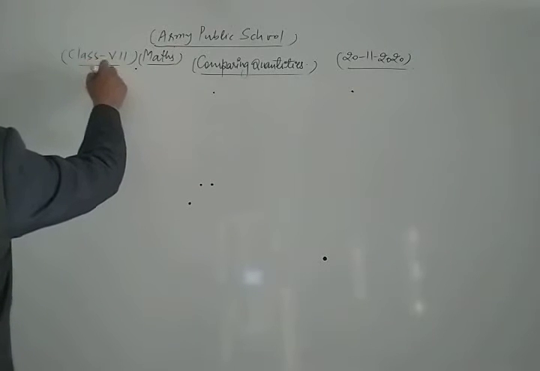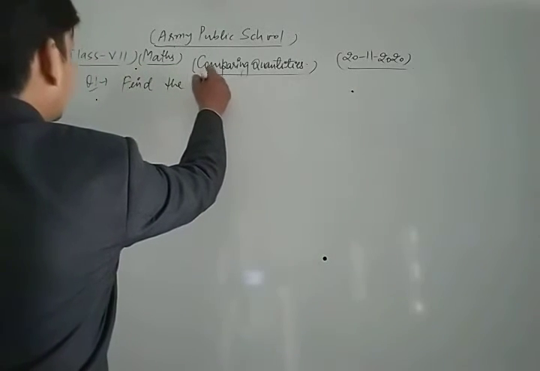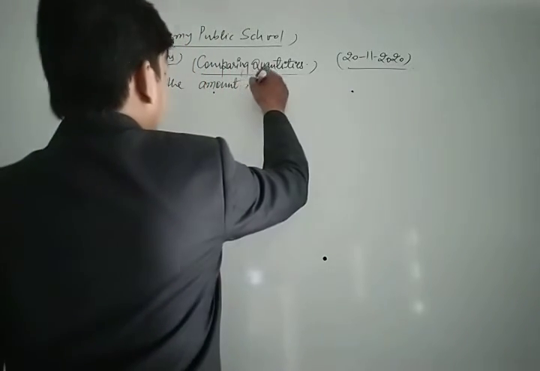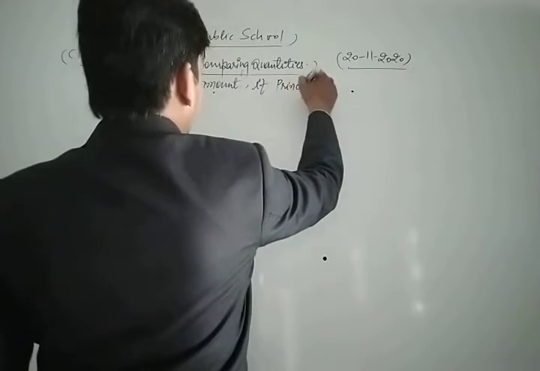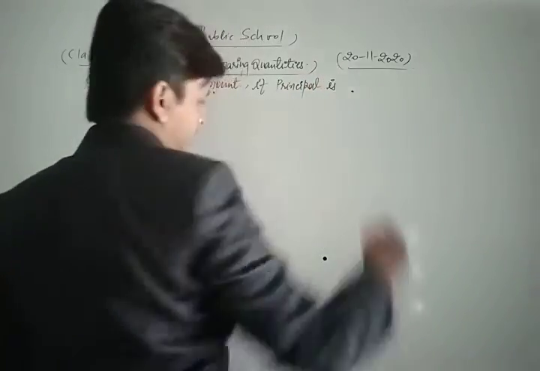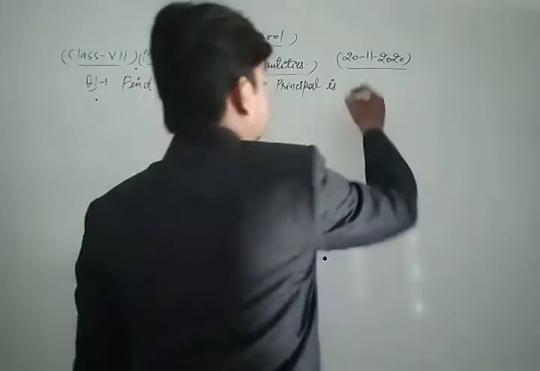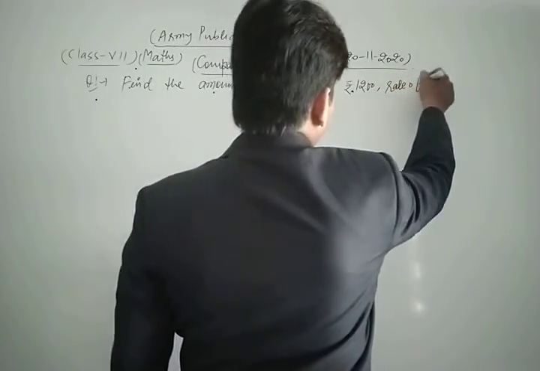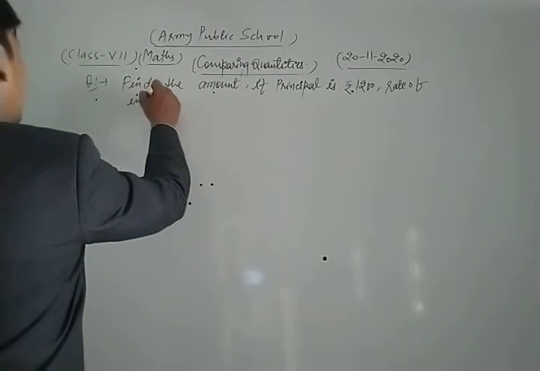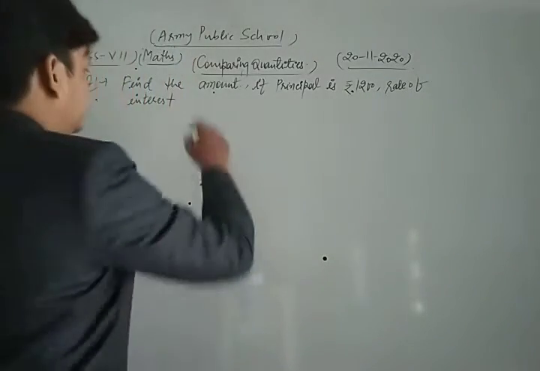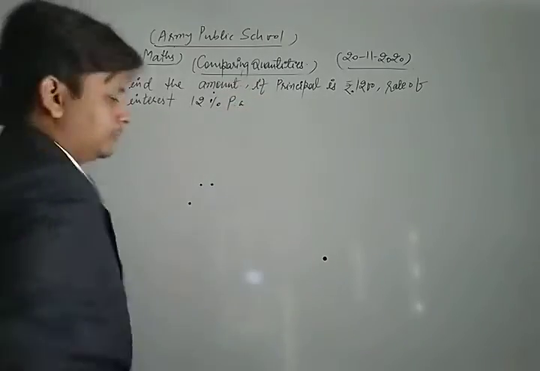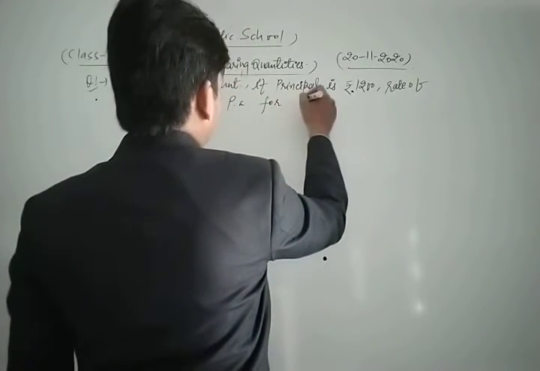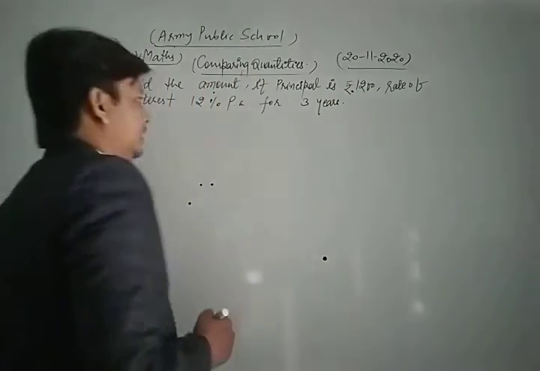The question is, find the amount if principal is rupees 1200, rate of interest is 12% per annum, for 3 years. Okay, this is the question here.